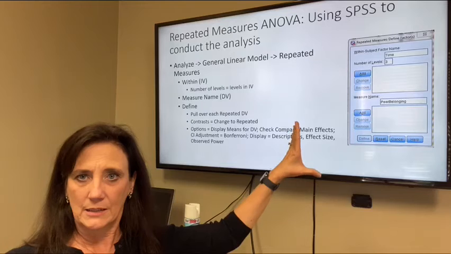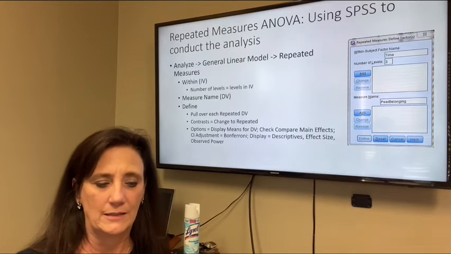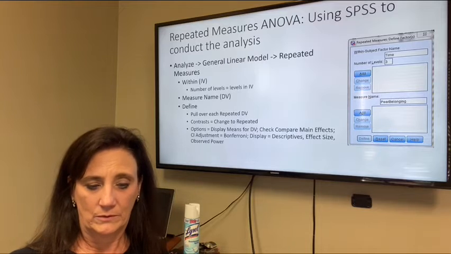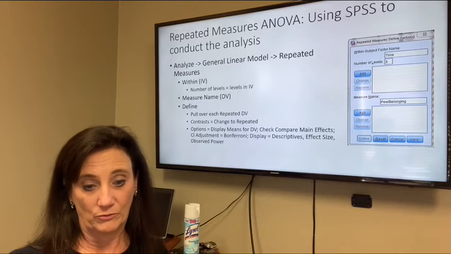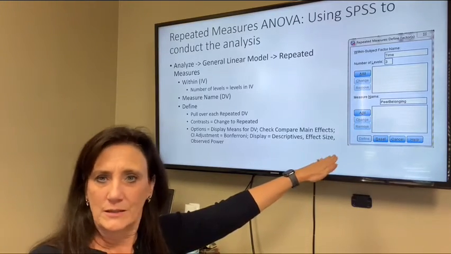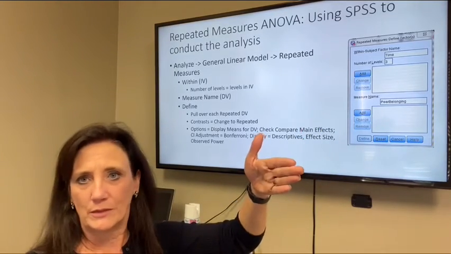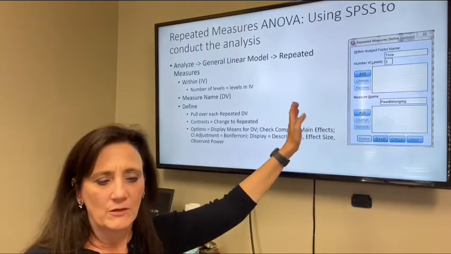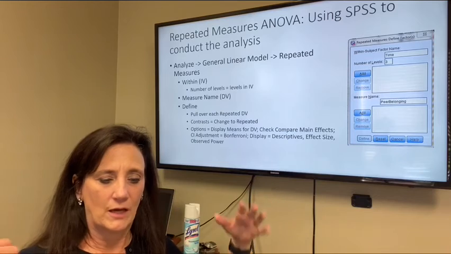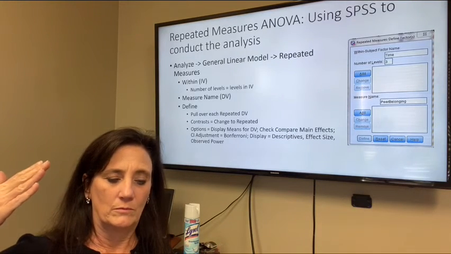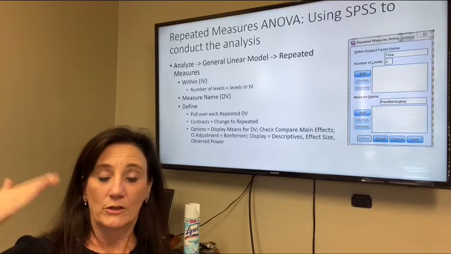But you're going to see how to do that in your actual data set. And then, once you've gotten that information in there, click the button that says define. Right now it's grayed out. That's because I didn't pull anything over before I took the screenshot. But once you pull it over, you can hit define, and then you've got to do the screens for contrasts.